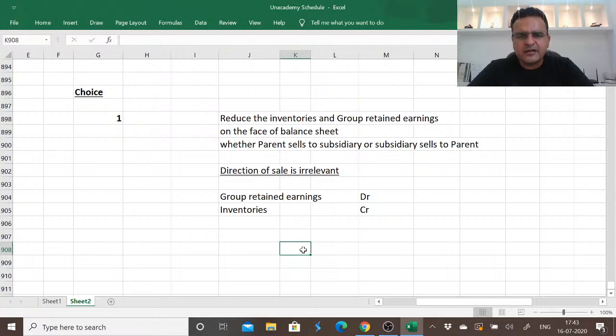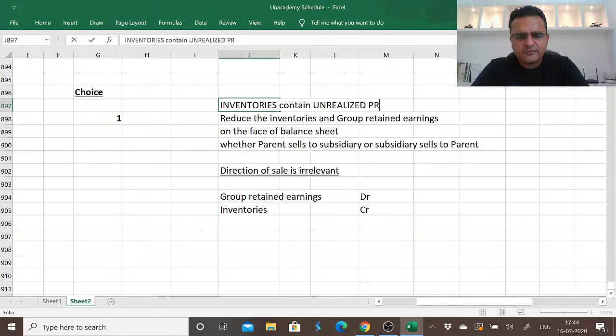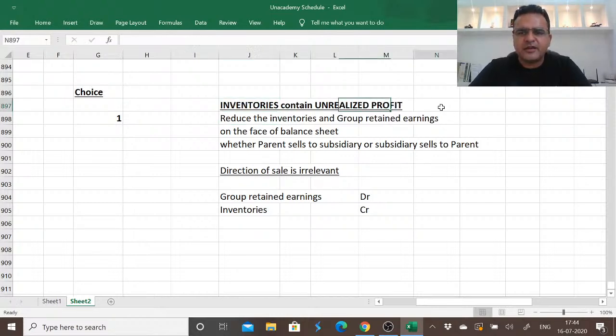If the inventories contain unrealized profit, because we have simply added inventories of parent plus subsidiary, then if the goods remain in inventory, the inventories contain that unrealized profit, it is inflated.